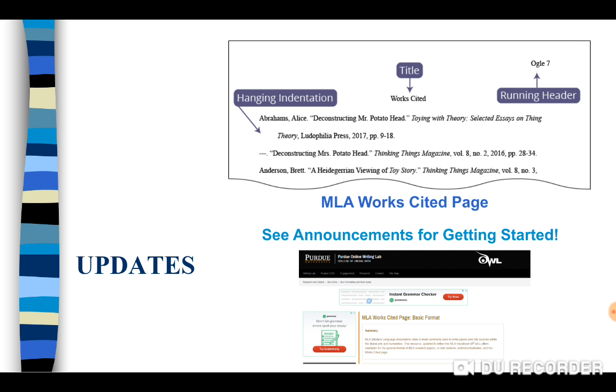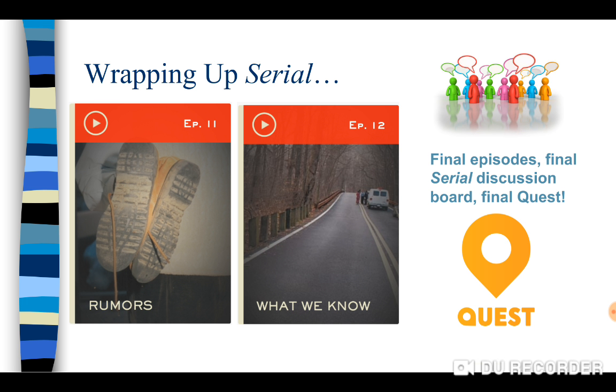You will have to turn in one when you turn in your final paper, but you do not have to turn in a Works Cited page until then. So it doesn't need to be turned in with any of these drafts. It's just due with your final paper. So get started on it. You're going to want to make sure that it's not this last minute panic.